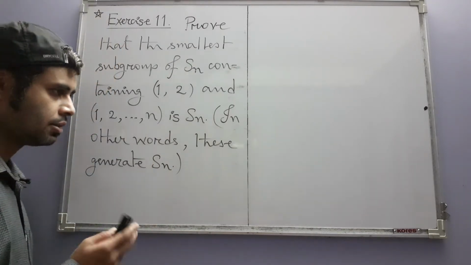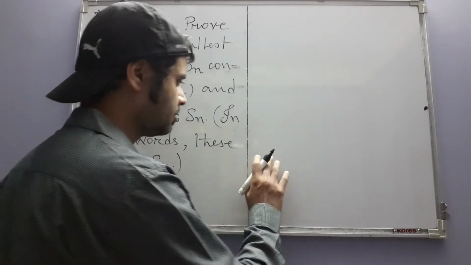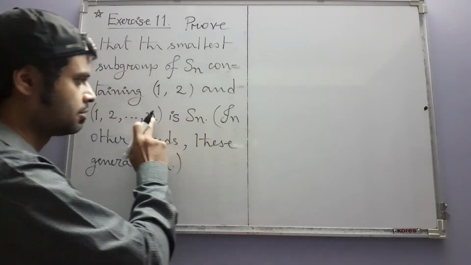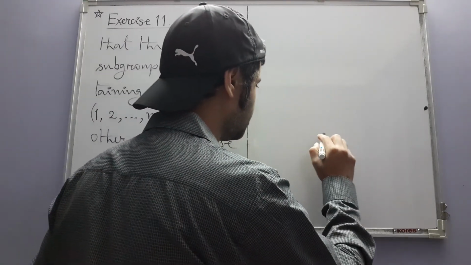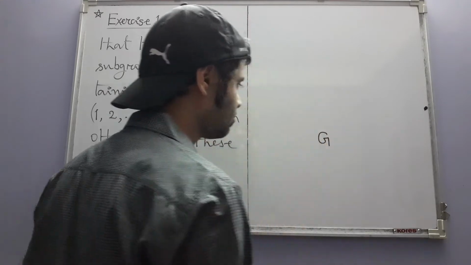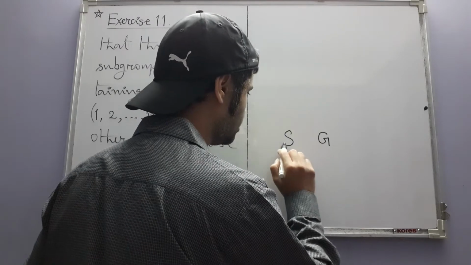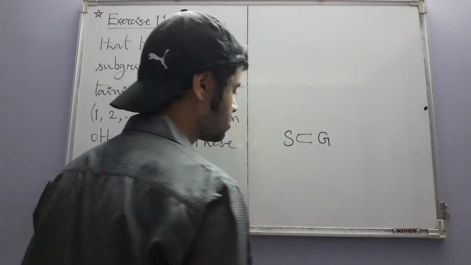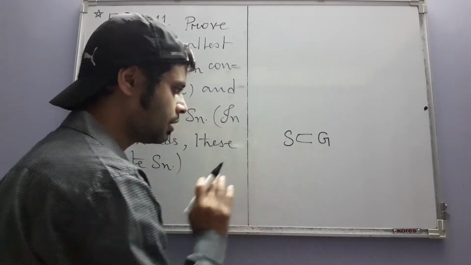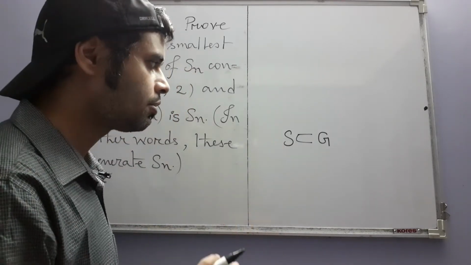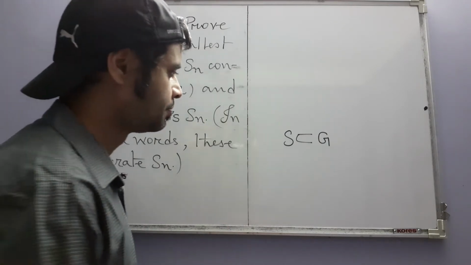Now before we write the solution, of course, let's just quickly recall what this smallest subgroup is. So we know that if we have any group G, in which you have a subset S, not necessarily a subgroup, just some subset S, and we are also not putting the restriction that S is non-empty. S may be empty also.